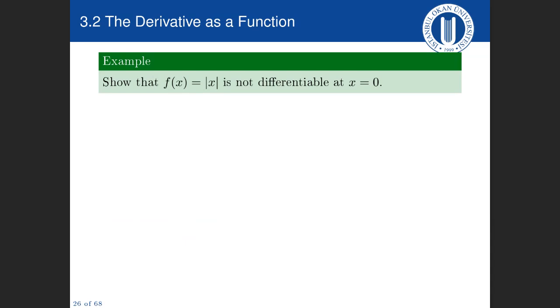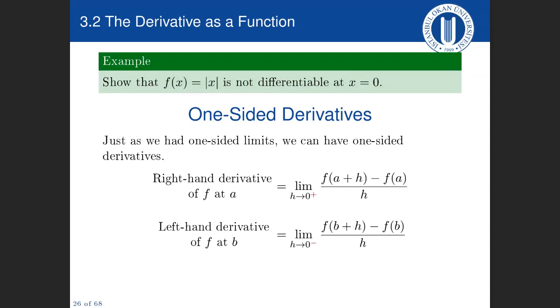Show that f of x equal to the absolute value of x is not differentiable at x equal to 0. To be able to do this, I need to introduce the idea of one-sided derivatives. Just as we had one-sided limits last week, we can also have one-sided derivatives.